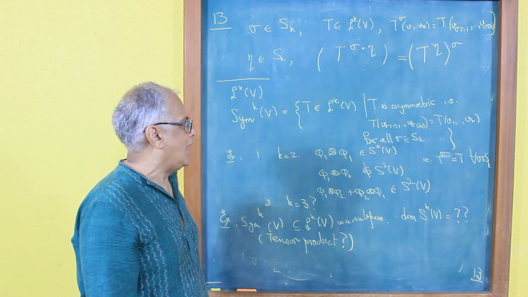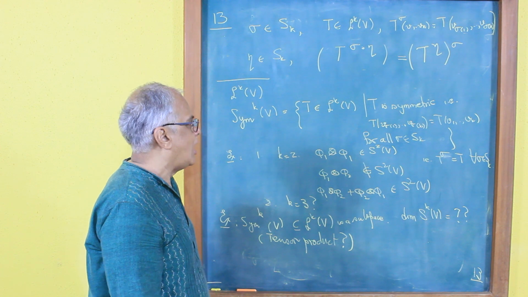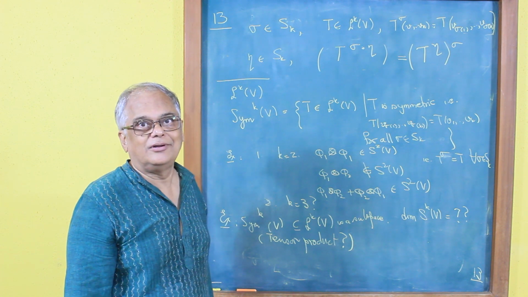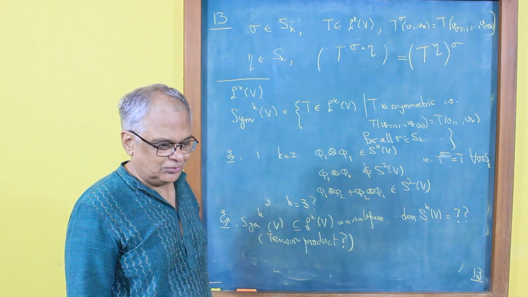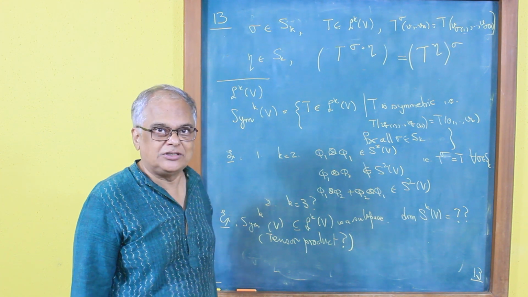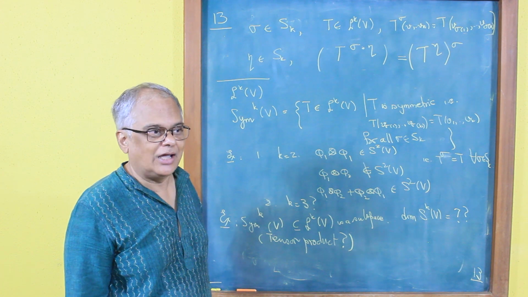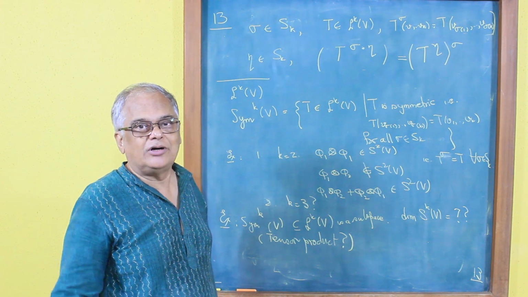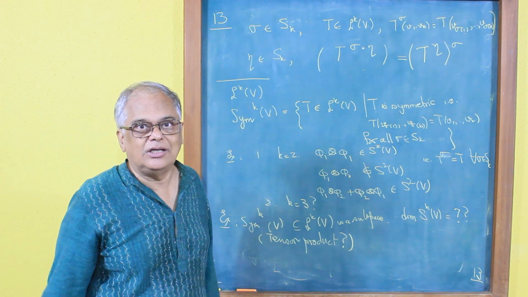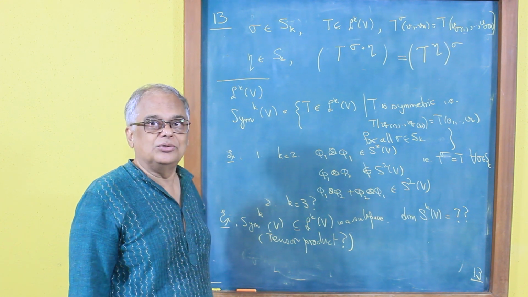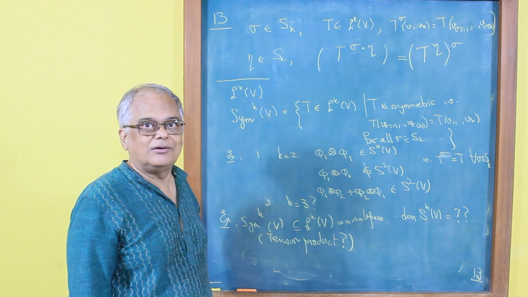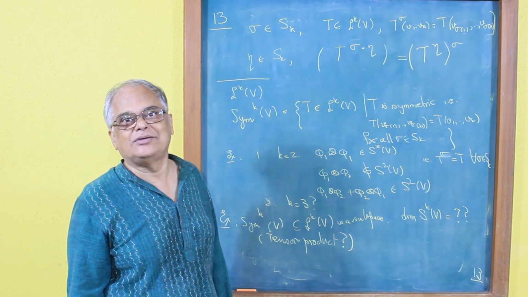Okay? And therefore, how would you try to define it? Now this is a very natural construction, which you will be coming across many more times in the future. If you want T sigma to be equal to T for all sigma, then the easiest thing to do is to take the average of all the T sigmas.